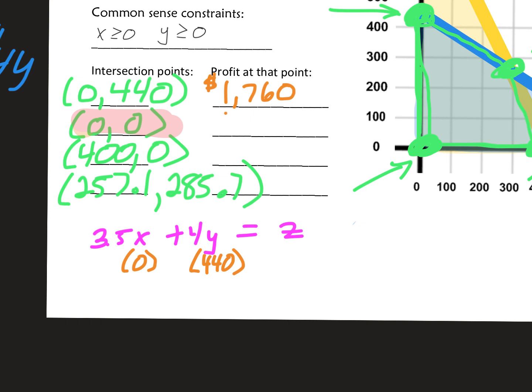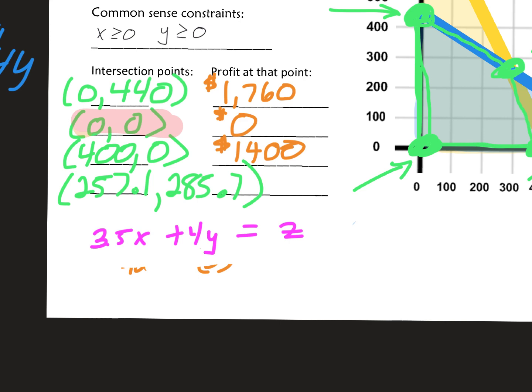Obviously, this one is going to give us, if he doesn't make or sell any coffee, 0. Now I'm going to put in 400 for X and 0 for Y. And that gets me $1,400 in profit. So far, that is not our max.